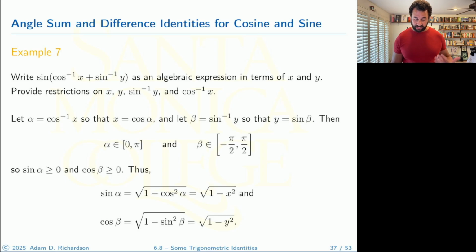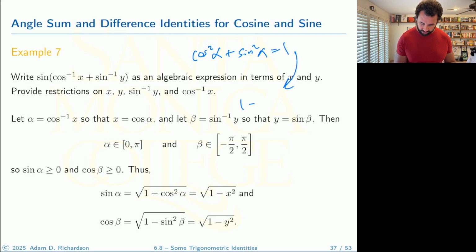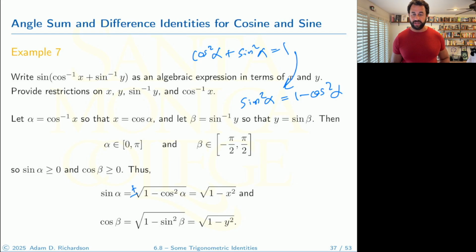Now, we can use the Pythagorean identity again to figure out that sine of alpha is equal to this. Remember the Pythagorean identity, cosine squared alpha plus sine squared alpha equals 1. And that's going to become sine squared alpha equals 1 minus cosine squared alpha. And then you take the square root. And when you take the square root, normally you would get a plus minus.